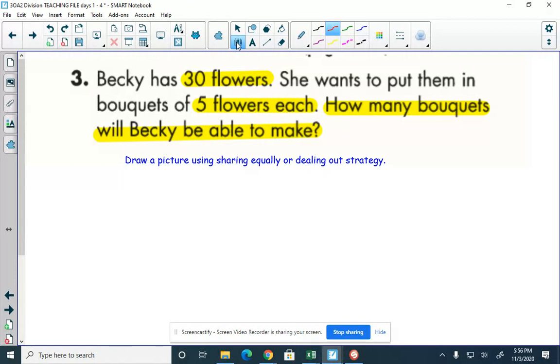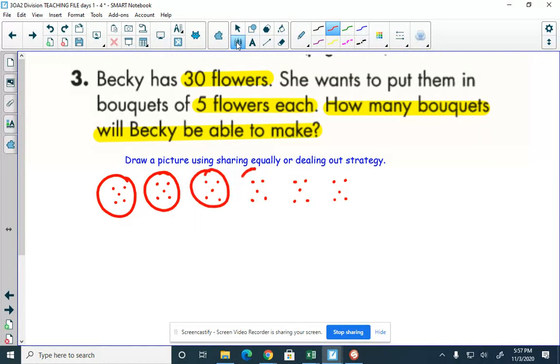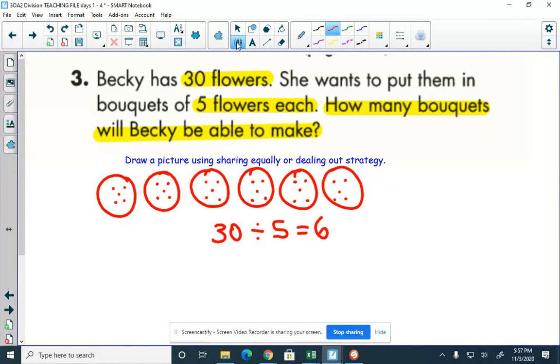If you're going to put 5 flowers in each bouquet, 1, 2, 3, 4, 5, that's a bouquet. 6, 7, 8, 9, 10, that's another one. And so on up to 30. And I bundle them up, group them up. Then you can see that 30 flowers, with 5 flowers put in each bouquet, means you're going to end up with 6 bouquets.